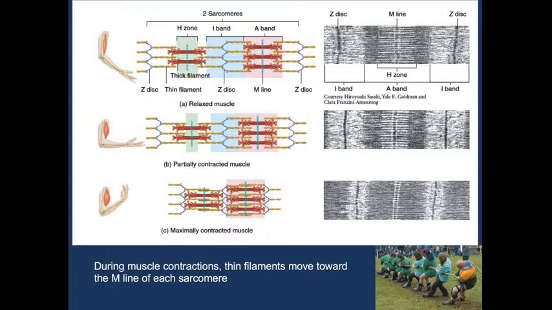The amount of tension created is proportional to the number of such actin and myosin complexes in the muscle, like it is proportional to the number of people pulling a rope, as in this picture.